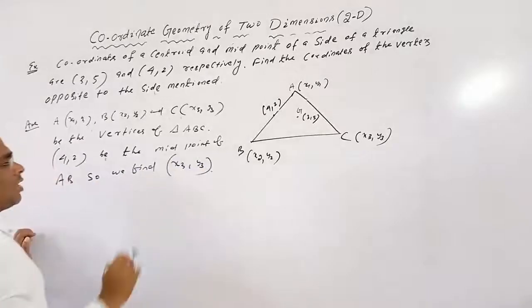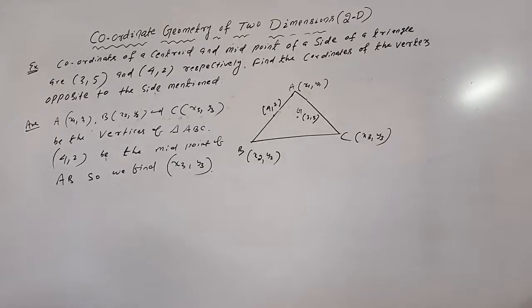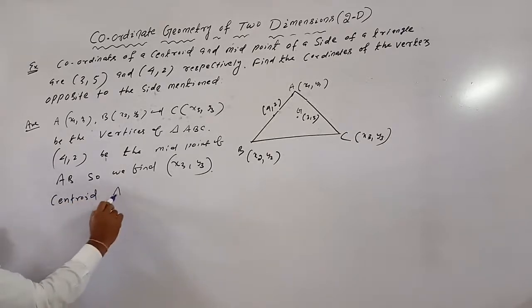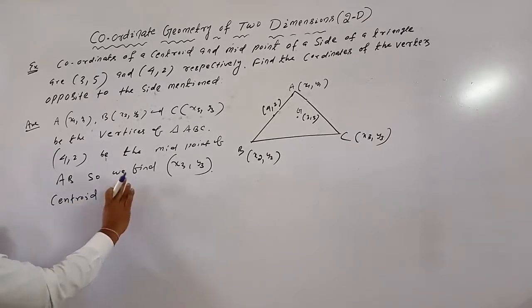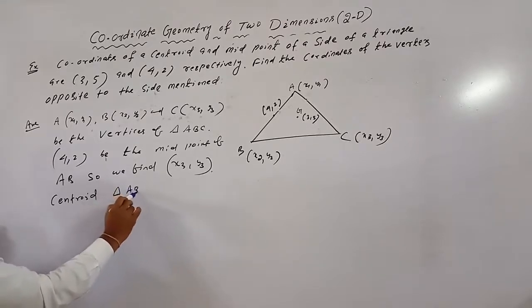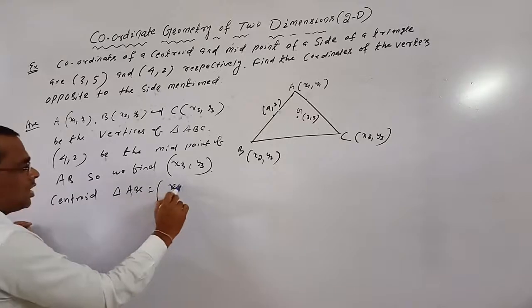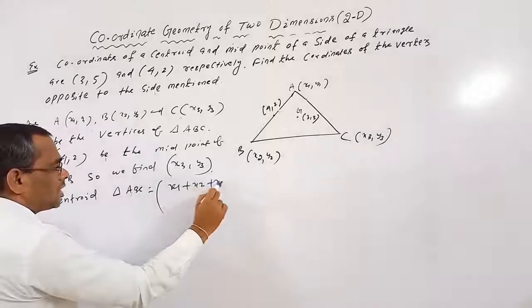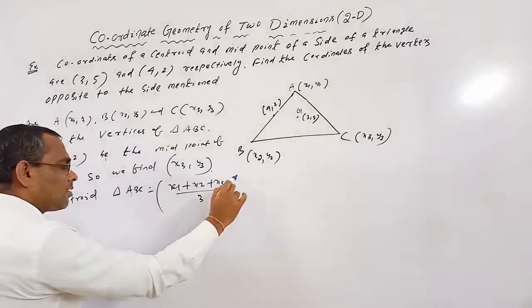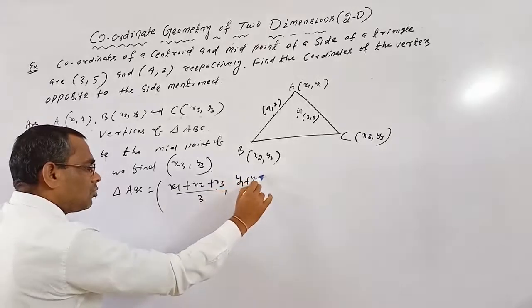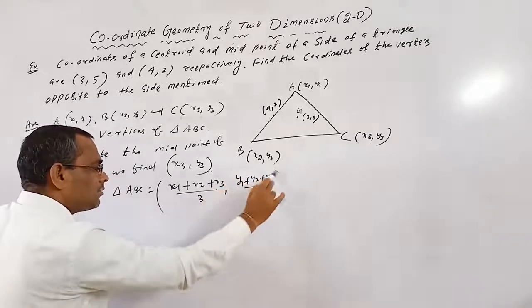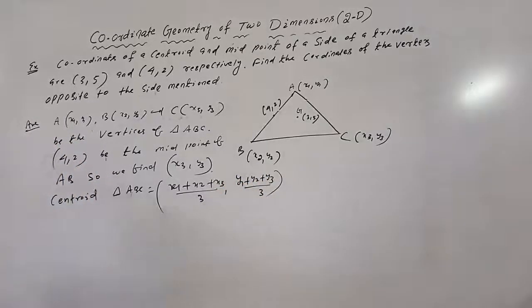So we find x3, y3. Do you understand why we find x3, y3? 3, 5 is the centroid of triangle ABC. The centroid of triangle ABC equals x1 plus x2 plus x3 by 3, y1 plus y2 plus y3 by 3, which equals 3, 5.